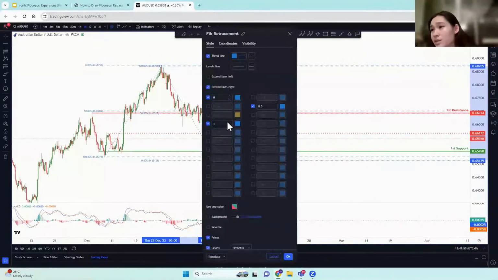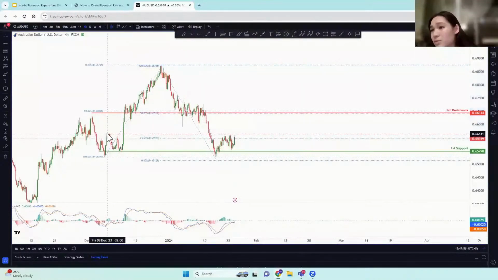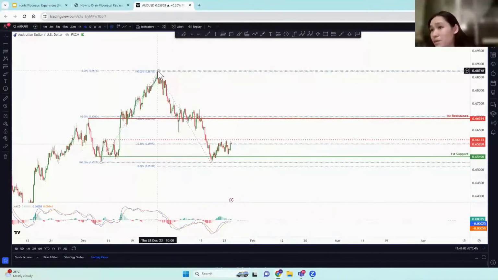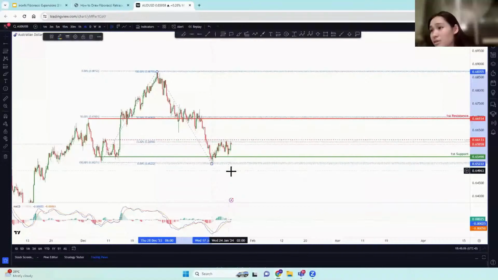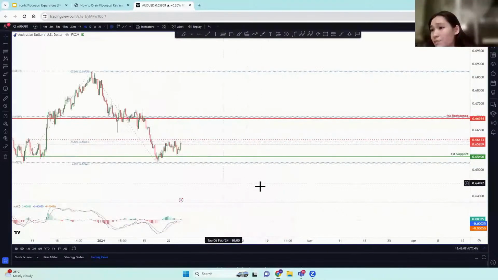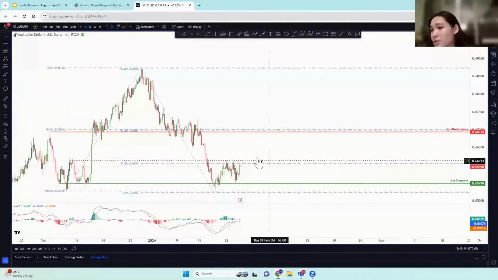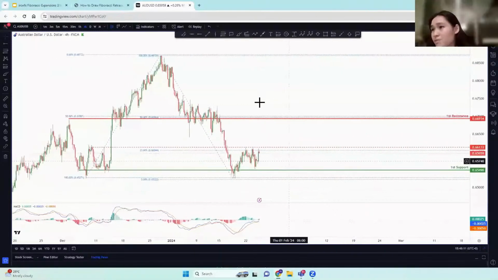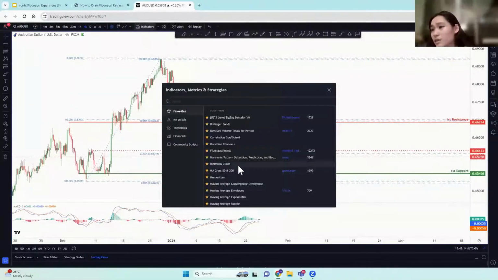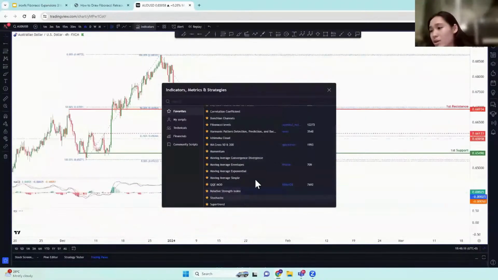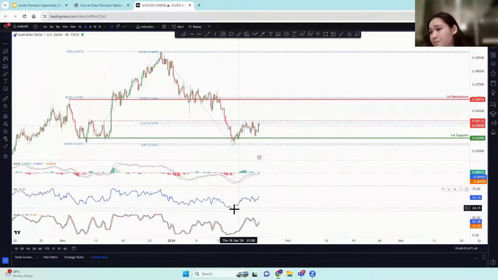Let's briefly see if there are any levels that line up. My 23.6 is quite close to where we are looking, for our intermediate level, so we might see some resistance over here. Now let's look at our RSI and stochastic.